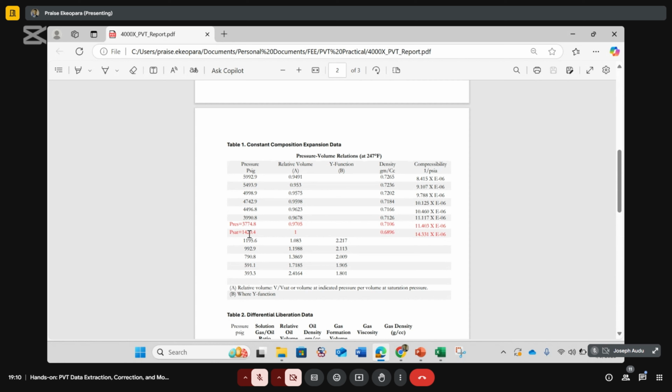Another thing they equally indicate is the reservoir pressure, either in the table like we have now, where the reservoir pressure has been labeled here, or in the form of an explanation within the text. Those two are key things that you need.